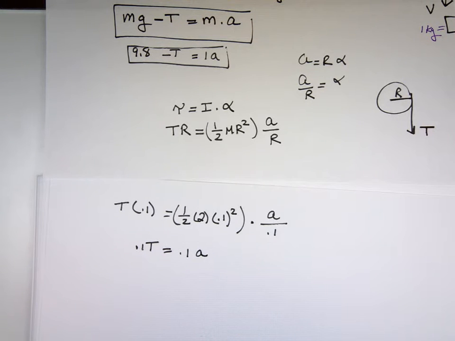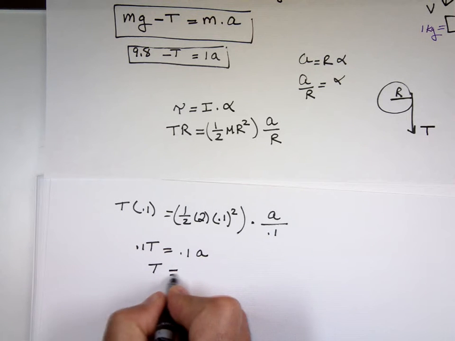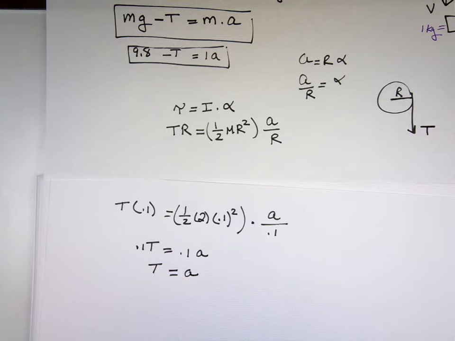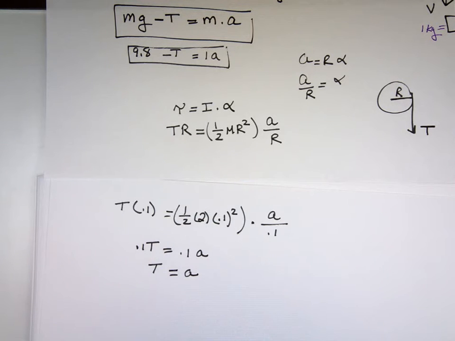If I did the math correctly, just coincidence here, it says the tension mathematically equals A. 1/2 cancels this, the 0.1 cancels one of these. So that's my second equation.